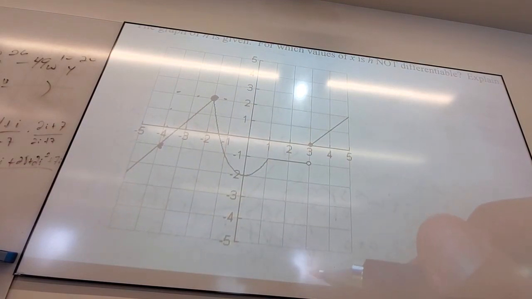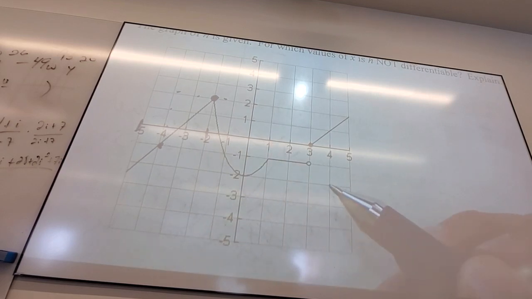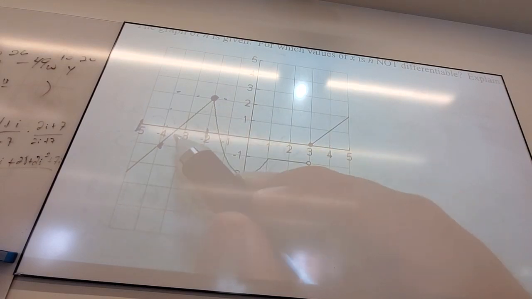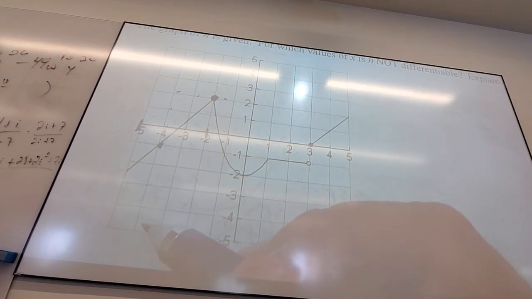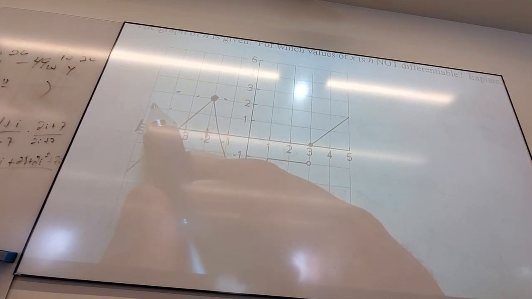You guys with me? So from here to here, where would I put my line to represent the slope? You just told me the value of the slope for this whole section. Up 3 over 2, so it's 3 halves. What's 3 halves also known as? 1.5.